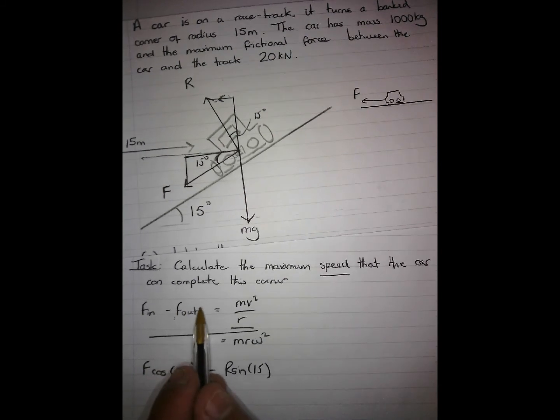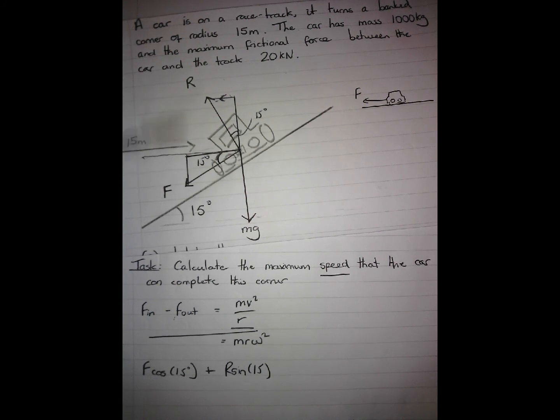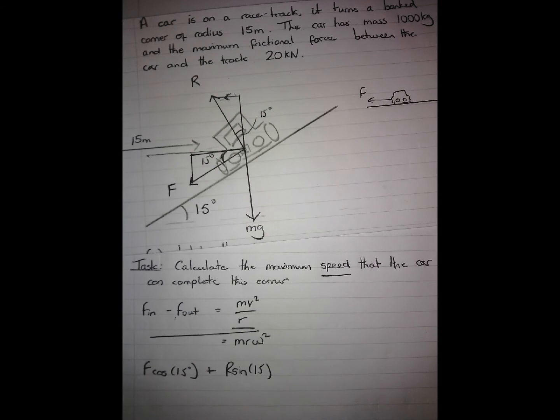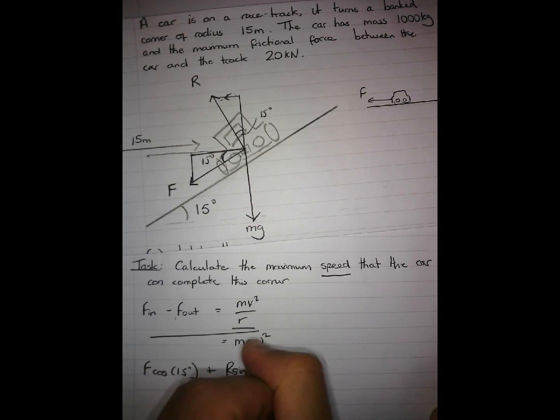So the force out in this case is not to do with F, not to do with R, not to do with the weight. So there's no force out. That is going to be quite often the case with these questions. The force out is 0, so we can ignore that term, and that's going to be equal to mv squared over R.